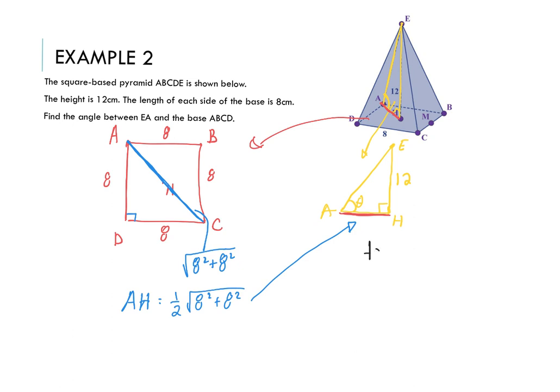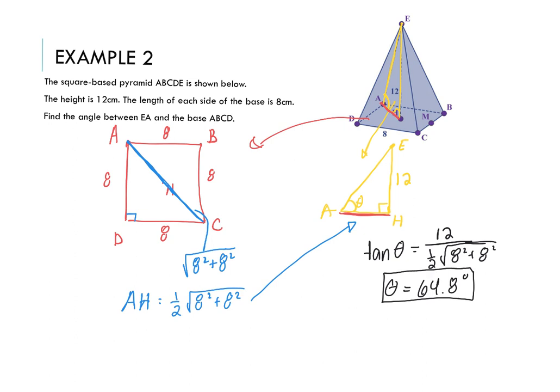So we have tan of theta is equal to 12 over 1/2 the square root of 8 squared plus 8 squared. And then when you put that into your calculator, you're going to get that the angle is 64.8 degrees, rounded to 3 significant figures.